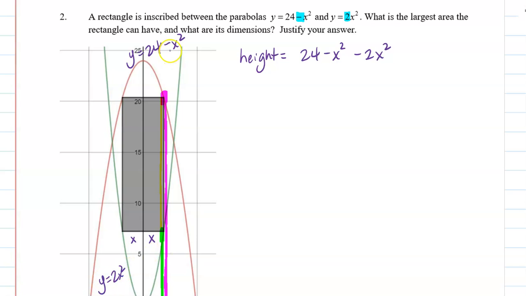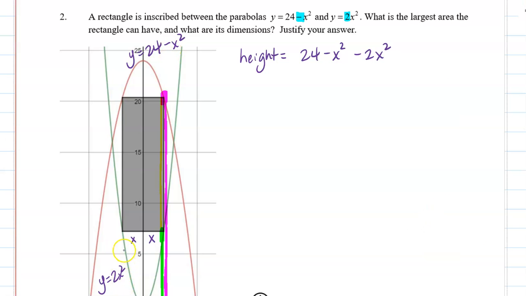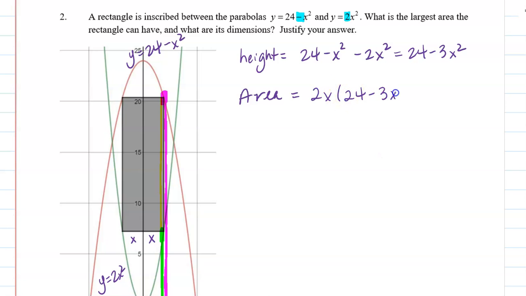And it's because negative coefficients on x squared will open down, and positive coefficients on x squared will open up. So that's going to be your height of your rectangle. So we have 24 minus 3x squared. The area of my rectangle is 2x times 24 minus the 3x squared. Put that into y1. Let it take a derivative and set that equal to 0.